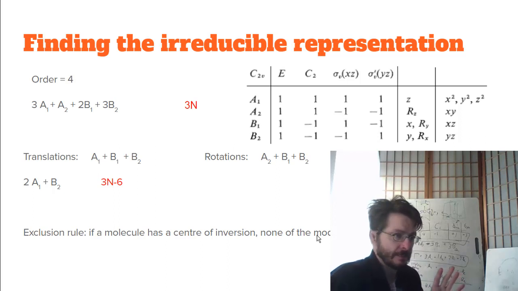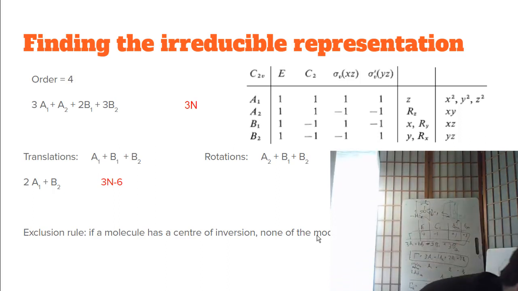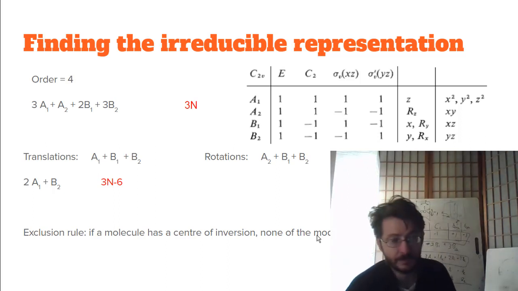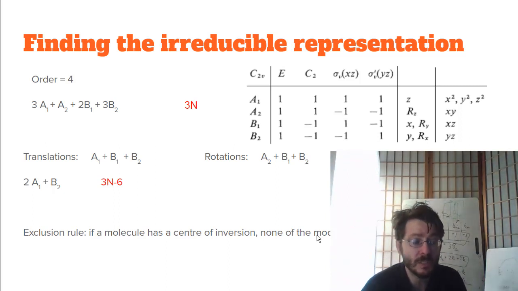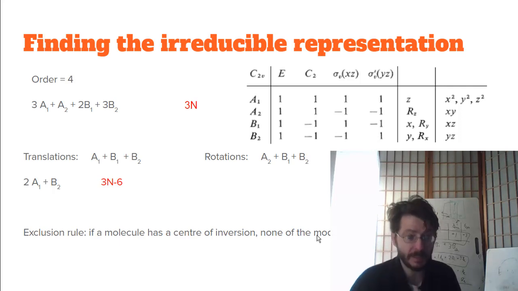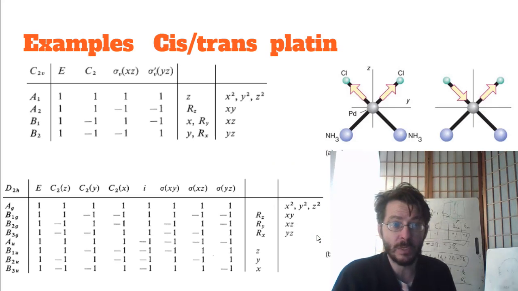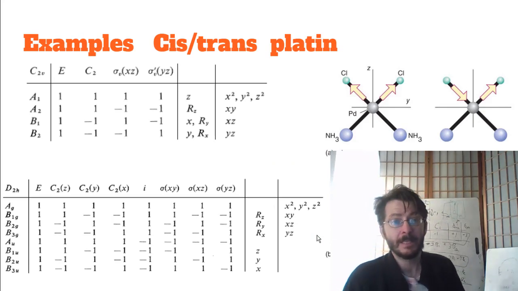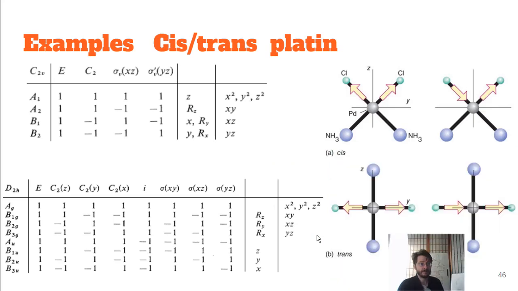It's a little esoteric way of representing this, but it is incredibly powerful. I mean, we can do this for almost anything. We can look at a structure and talk about whether or not a mode will be IR visible or Raman visible, just by looking at the mode, if we know what the mode is. Right? So for instance, let's take a look at an example like cisplatin.